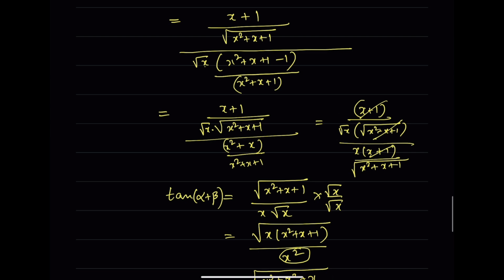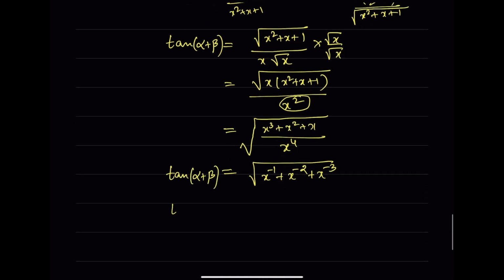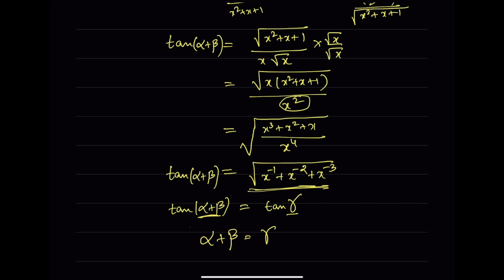That means tan of alpha plus beta is nothing but tan gamma. So if tan of alpha plus beta is equal to tan gamma, then alpha plus beta is equal to gamma. So this is the required proof in question number 2.